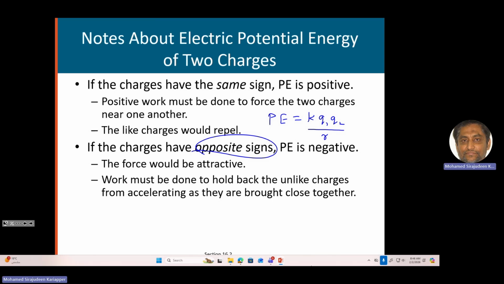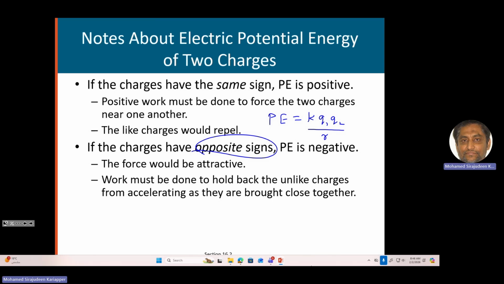You keep Q1 here, and Q2 is an infinite distance away. You want to bring it so the distance is R, not infinity. As you come closer and closer, this one doesn't want it to come. It will push away, so you need to do positive work to bring it there. So it explains why the potential energy will be positive.